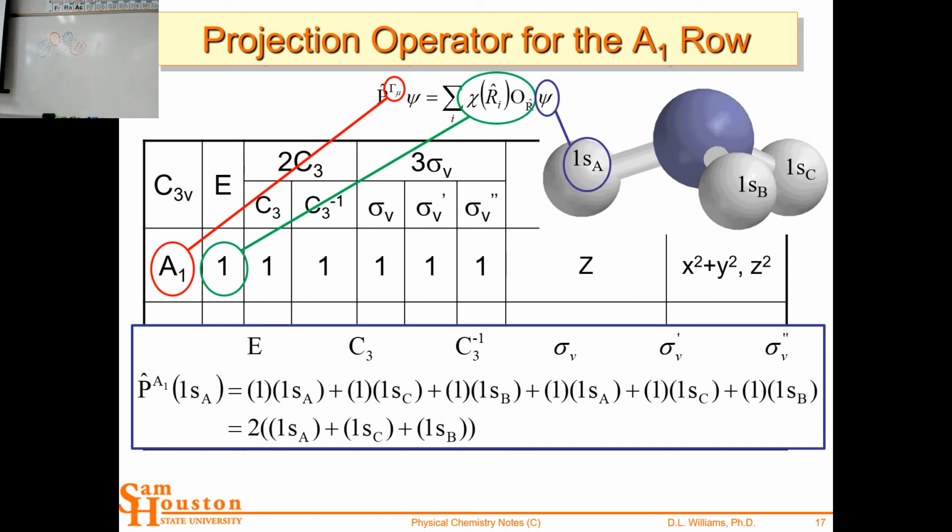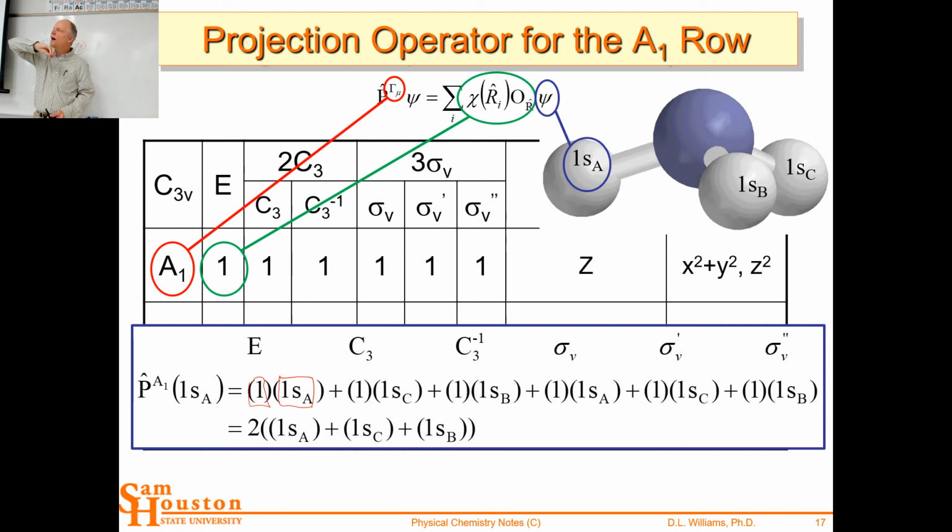We have the characters, and we have the wave functions. And so if I do the E operation on the 1s orbital on atom A, nothing happens, it stays put. And what's the character in front? It's a +1. If I do a C3, so we're going to do this looking down at the molecule, we're going to do a clockwise turn looking down at the molecule.